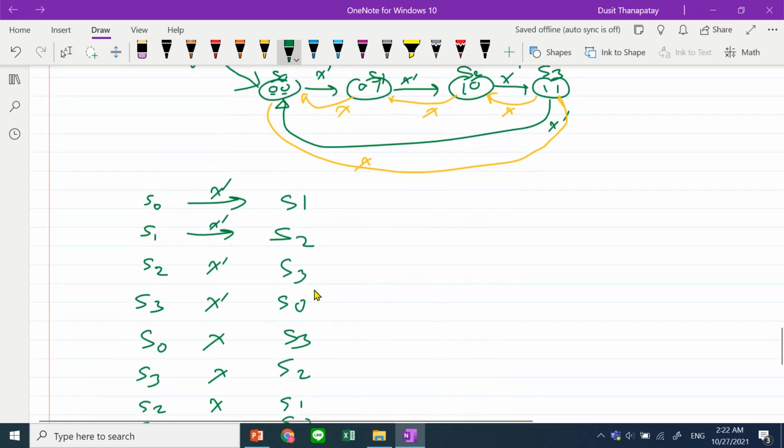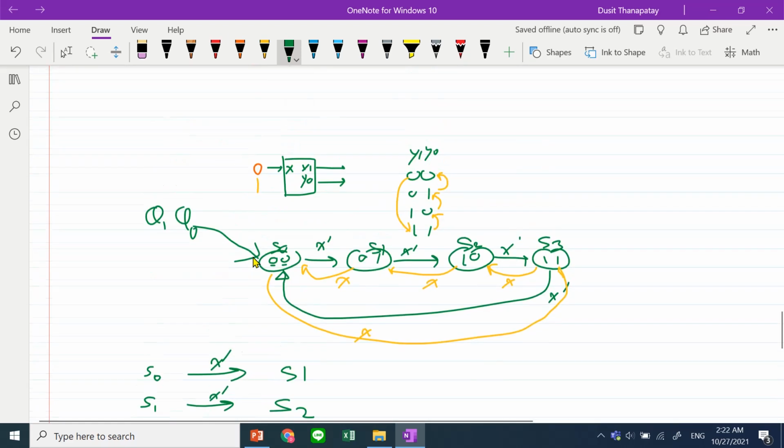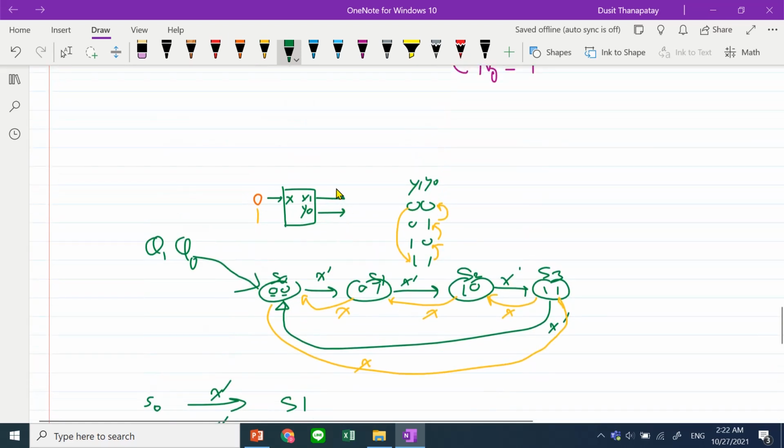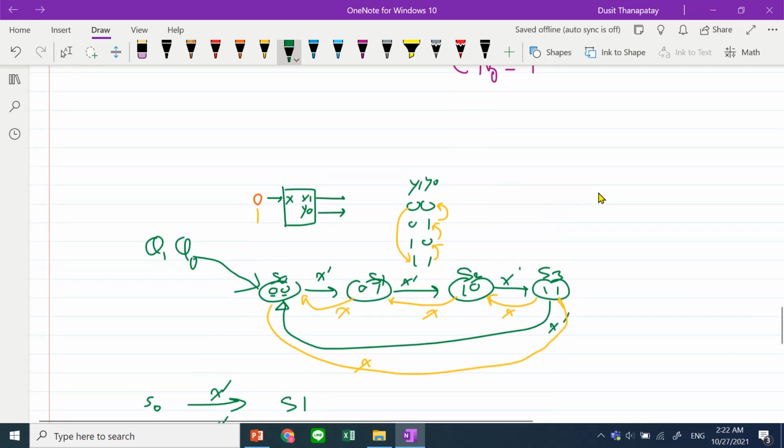And then for state assignment, if I use D flip-flops for the design, maybe D1, Q1, and D0, Q0.